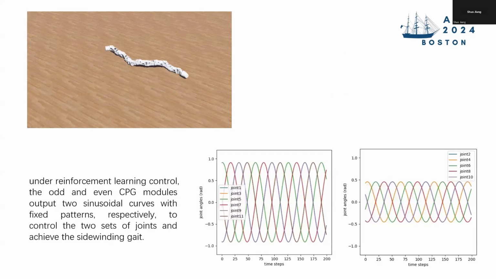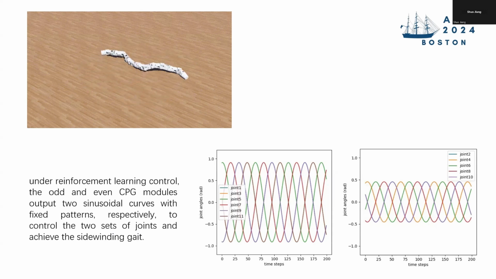For example, there are a lot of various motions adopted by the robot. You can find the planned joint trajectory by two groups of joints with different amplitudes, which generates the gait we call the sidewinding motion to move in a direction.